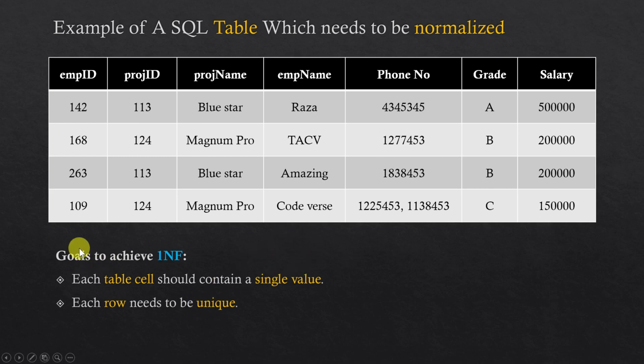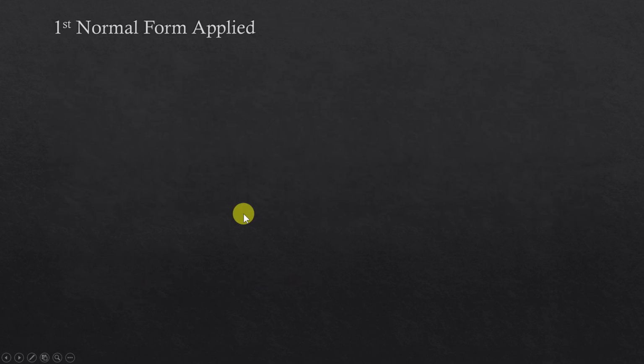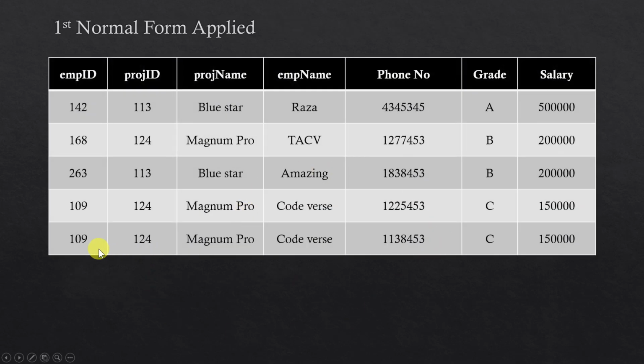And each row needs to be unique. This is fulfilled because the employee ID in each record is different, and that is enough for us to say that each record is unique. So each row is unique. If we want to make this table into first normal form, we can add another record, and both of the records have different phone numbers.